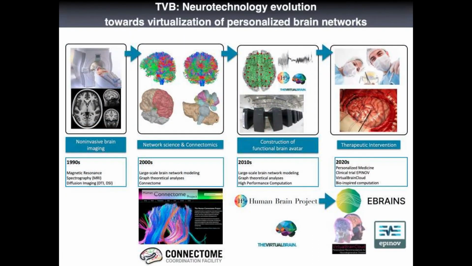More concretely, there has been quite some progress in non-invasive brain imaging since the 90s. This led to a boost in the application of network science to the brain. There was a lot of large-scale brain network modeling and use of graph theoretical analysis, while the Human Connectome Project made a lot of effort to represent all the connectivity of the brain.